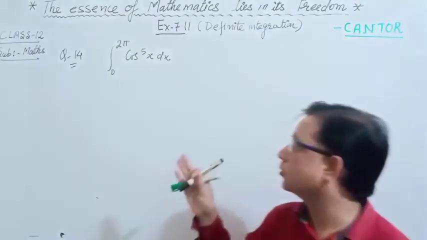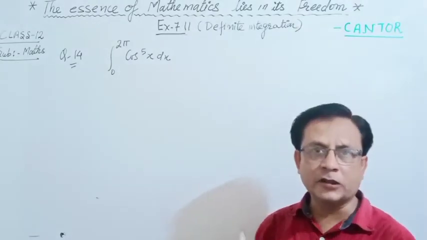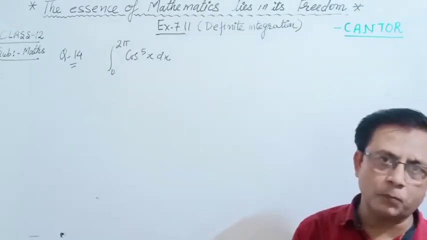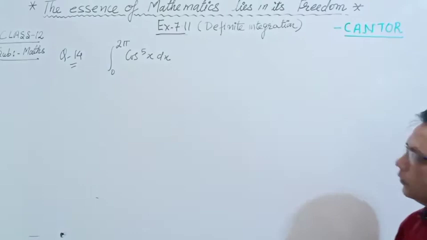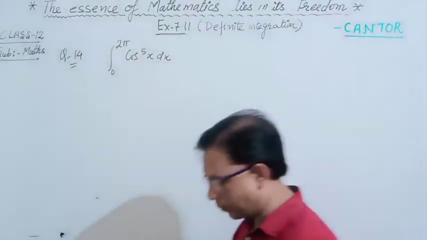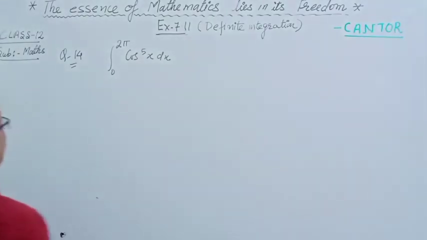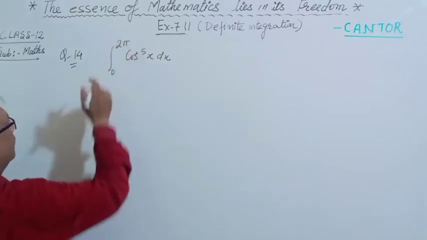And we move to question number 14. Let's kill this question by using the property. First we check which property is written, and here we see that the property is the 0 to 2a property.